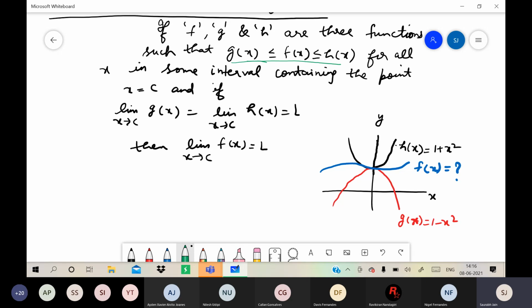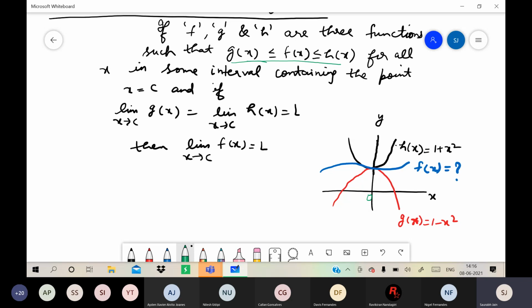Then f(x) is coming in the middle. I am talking height-wise, and h(x) is always above. So we can say that g(x) is less than f(x) less than h(x), and at some points they may be equal also. Where they will be meeting each other, there they will be equal. In this case that point is 0.